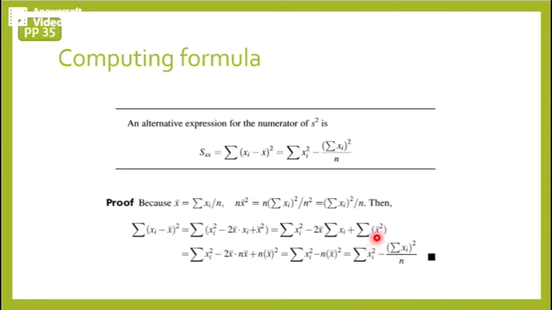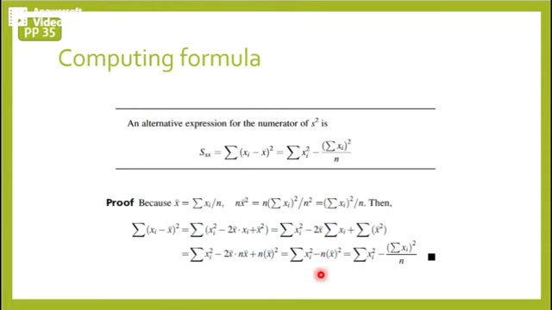And the sum of sample mean squared is just n times sample mean squared, because this is again a constant. Then it is 2 times n sample mean squared plus n sample mean squared. So that is minus n sample mean squared.